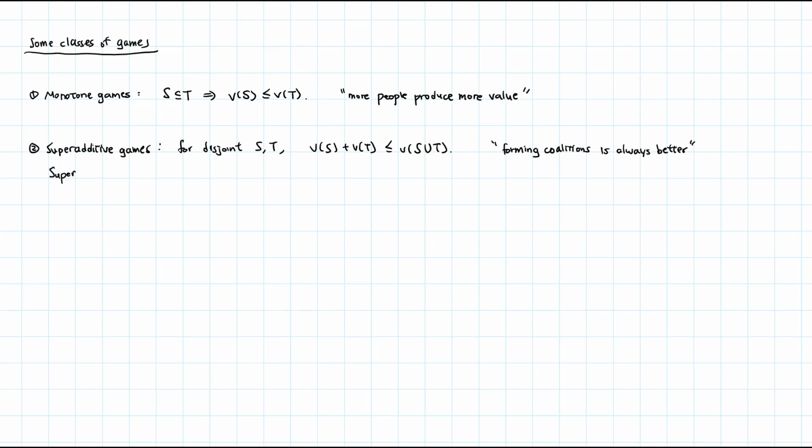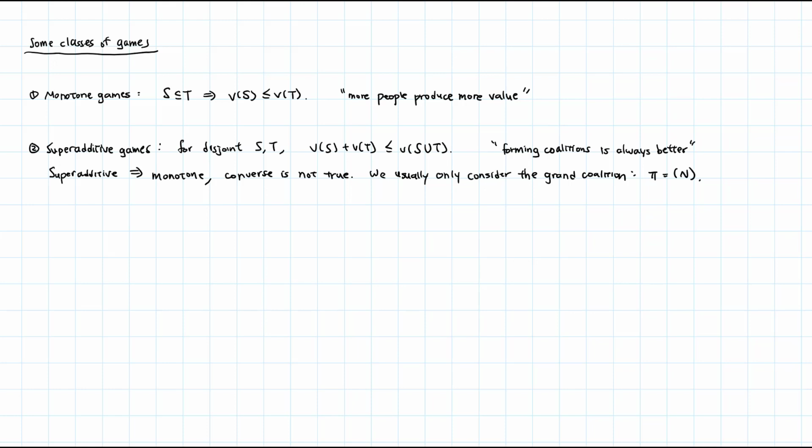Note that superadditivity implies monotonicity, but the converse is not true. And because forming larger coalitions gives you higher value, we usually only consider the grand coalition, that is, when the coalition structure pi is just N.